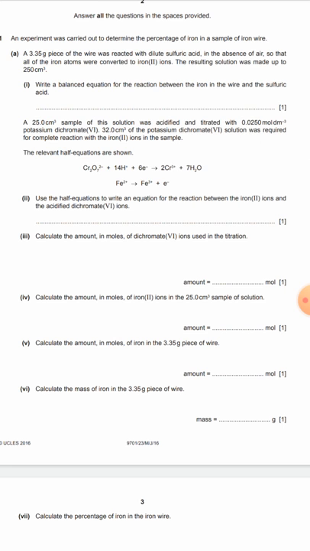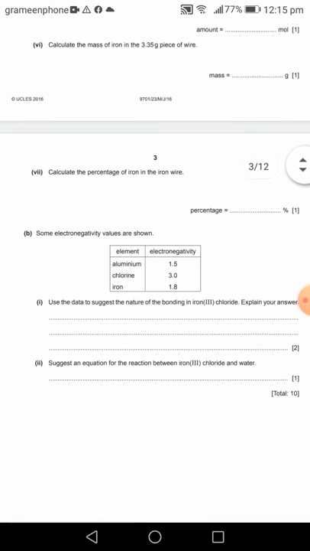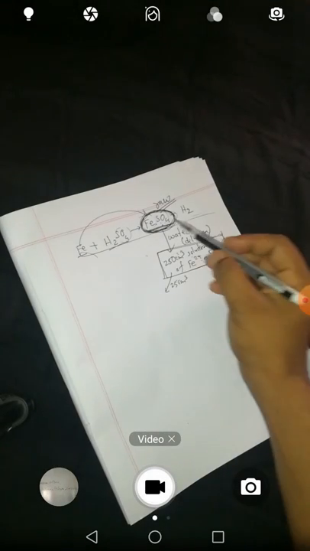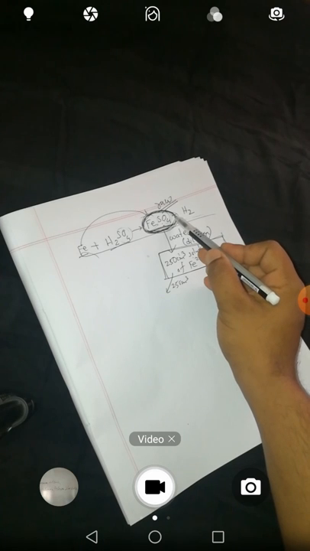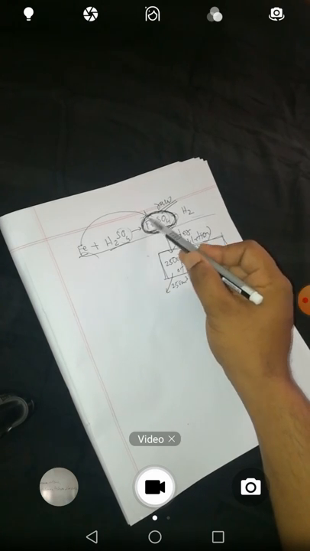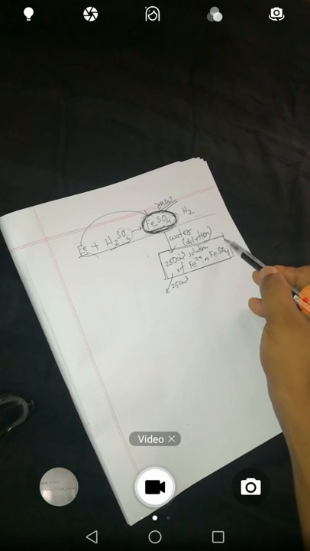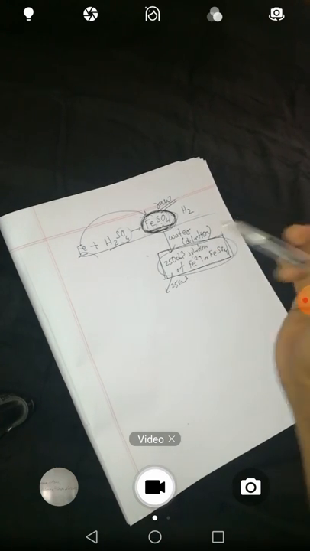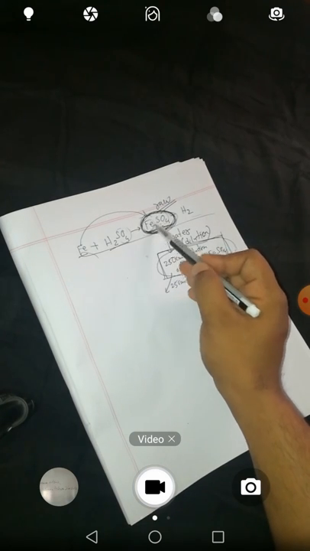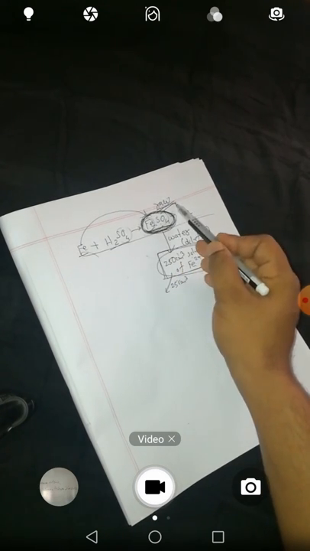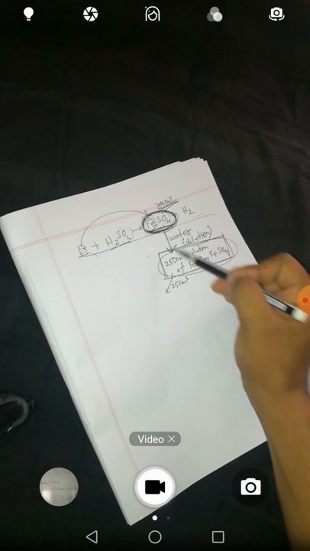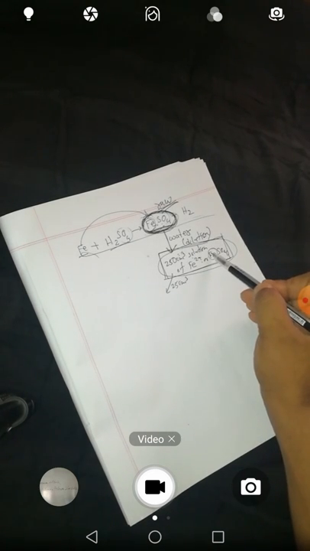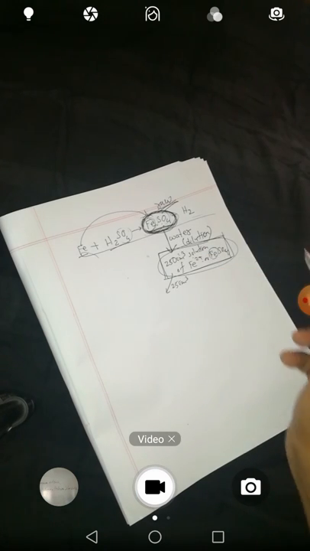So when you are diluting a solution, the number of moles of substance in the raw solution and in the diluted solution remains the same. Like talking about iron, the number of moles of iron in the raw solution and in the diluted solution will be the same.